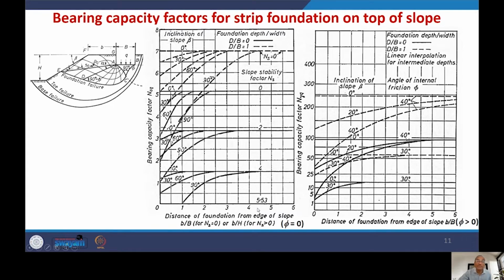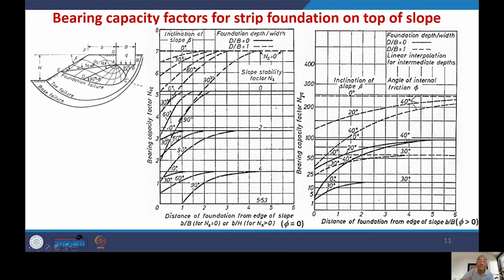Now coming to the bearing capacity factors, these factors are for stability number NS equal to 0 to 4. Okay, and for each value, let's say when stability number is 0, then you have two curves. One is the solid line, which is for d by b equal to 0. Another is the dotted line, which is d by b equal to 1. Within these, the solid lines have been drawn for slope angle starting 0, 30 degree, 60 degree, 90 degree.